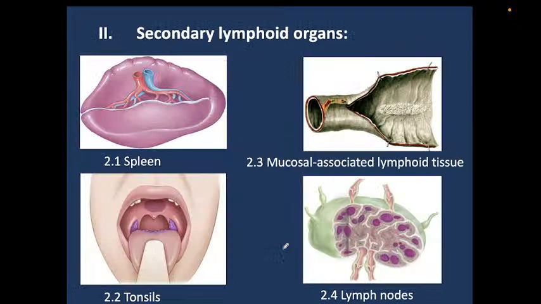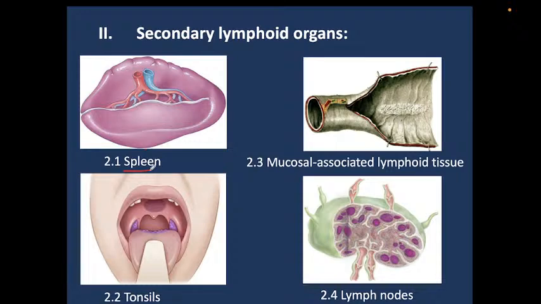Next picture shows you the secondary lymphoid organs. First of all is the spleen, the organ located in the abdominal cavity, close to the stomach.